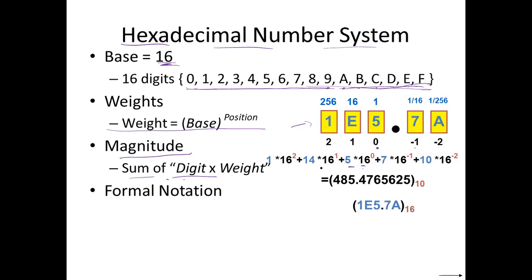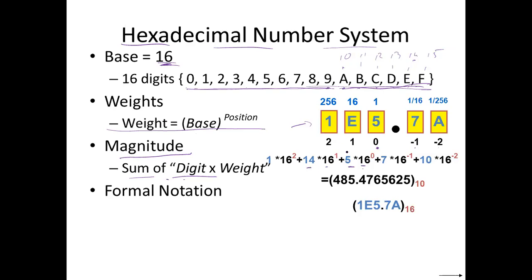then 16 raised to power -1 multiplied by 14. So E is equivalent to 14. This is 9, this is equivalent to 10, this is equivalent to 11, 12, 13, 14, and then 15. So E is equivalent to 14. So instead of E, you have to use 14.